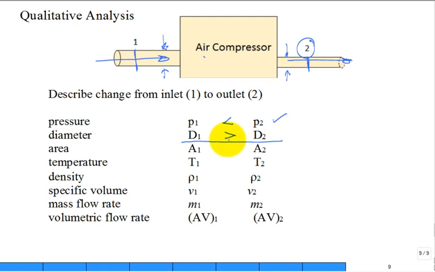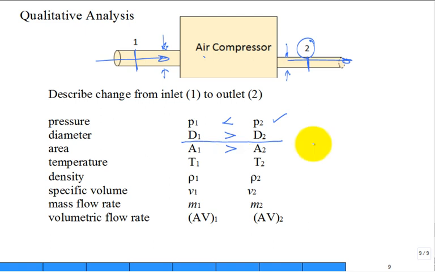Why? The pressure is so high, and you've compressed it. What about the cross-sectional area for the flow? It would be the same relationship. The cross-sectional area for the inlet is a lot larger than the outlet.